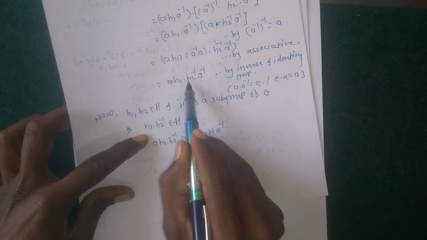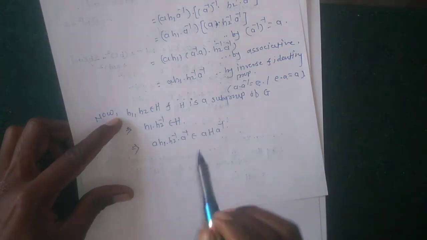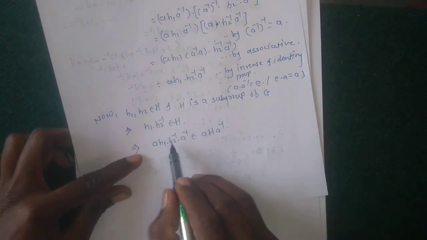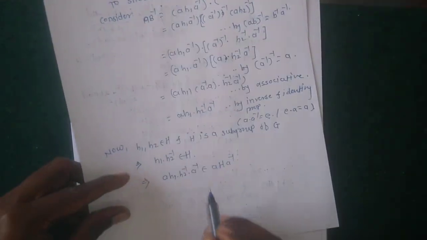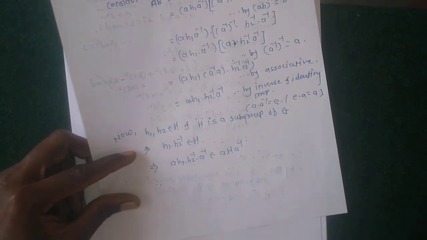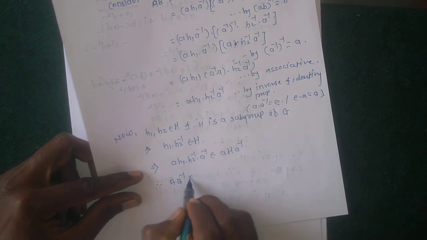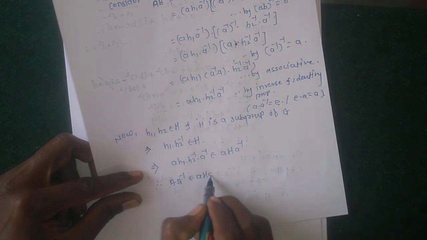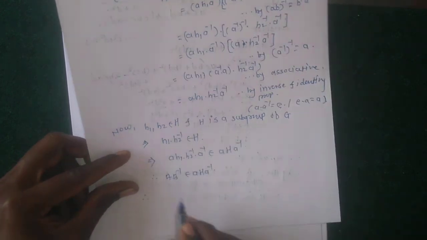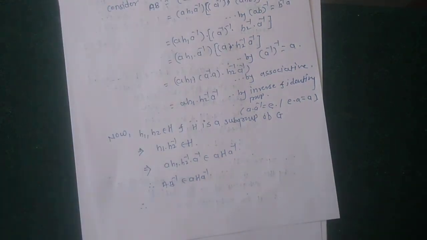Therefore this entire term belongs to the given set A H A inverse, and therefore AB inverse belongs to A H A inverse. By the theorem, what is the theorem?